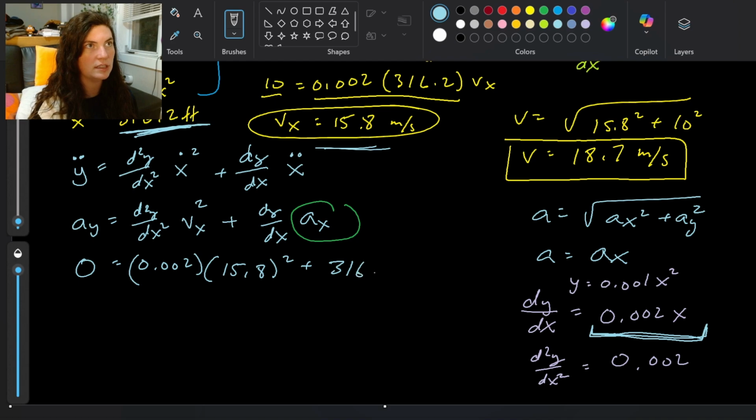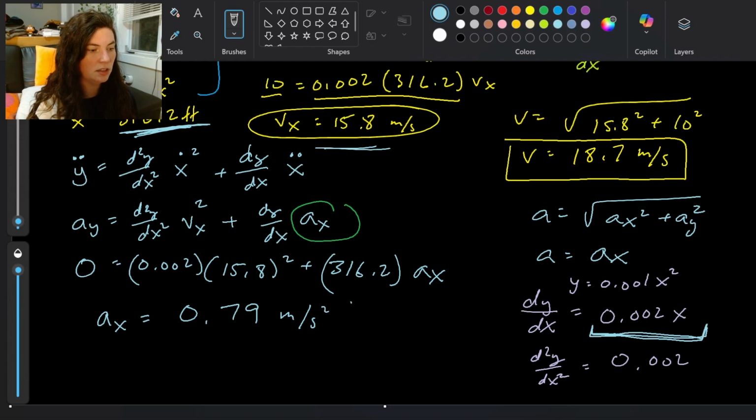That's going to be 316.2 times ax. We can move that over to the other side, and we get a magnitude of acceleration. Our signs, our direction do not matter. Our magnitude of acceleration, when I punch this into the calculator, is 0.79 meters per second squared.